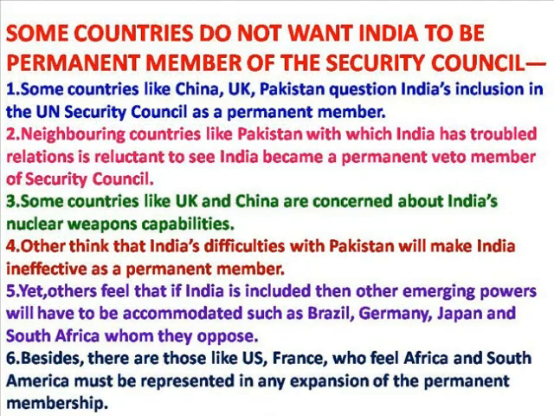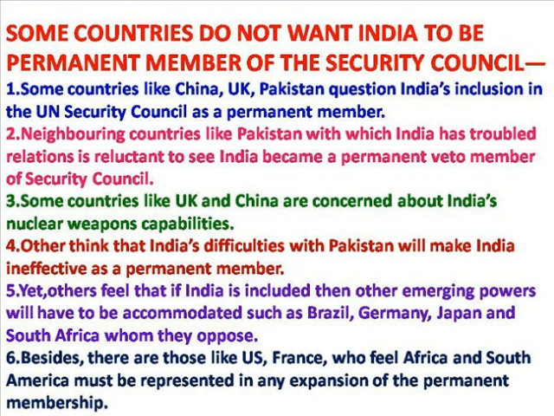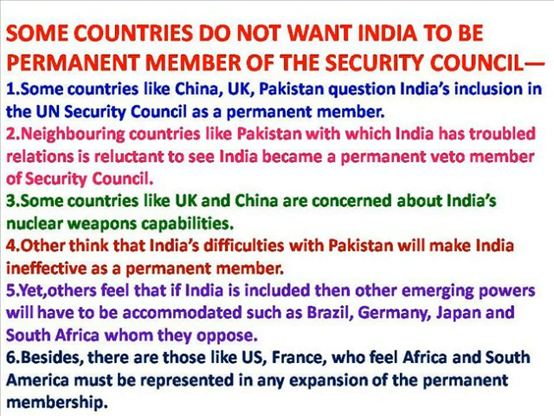For this, the main problem is that some countries do not want India to be a permanent member of the Security Council. Some countries like China, UK, Pakistan question India's inclusion in the UN Security Council as a permanent member.